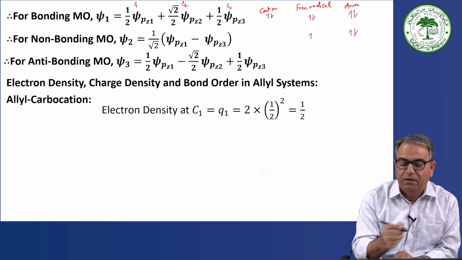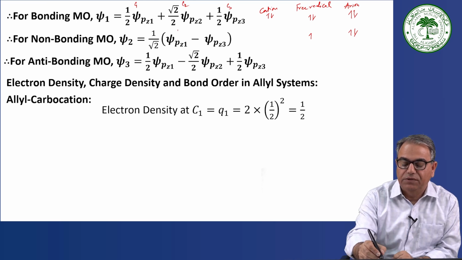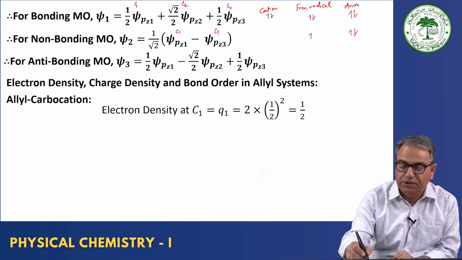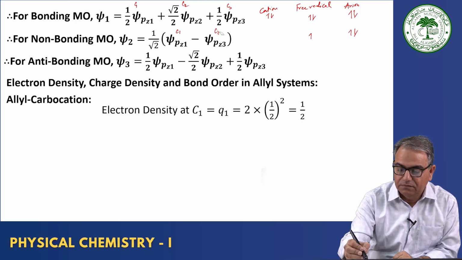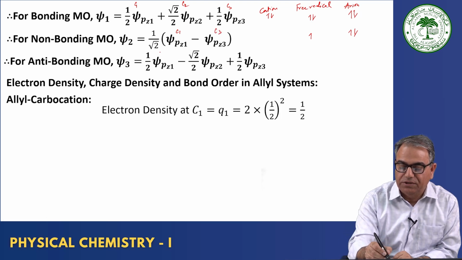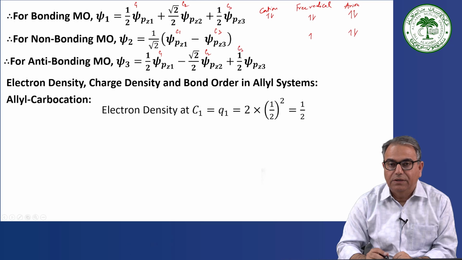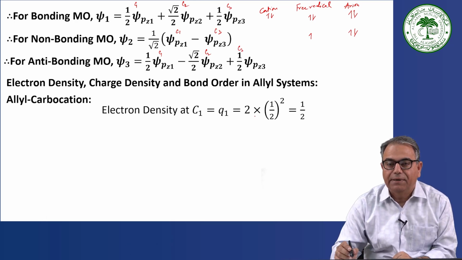In the case of the non-bonding molecular orbital, you have the coefficients for C1 and C3, and the coefficient for C2 is 0. In the case of the anti-bonding molecular orbital, you have the coefficients of C1, C2 and C3.